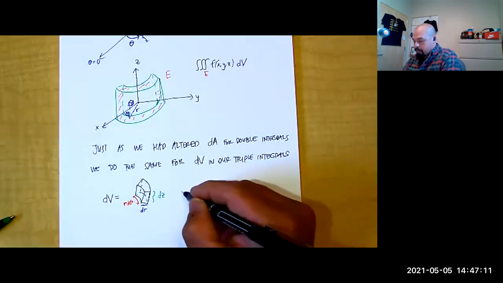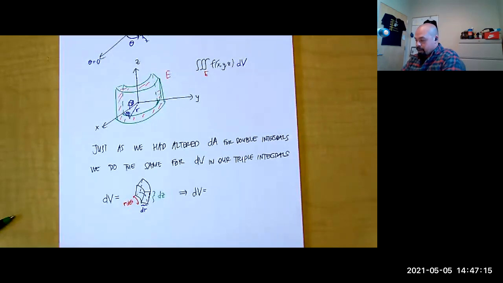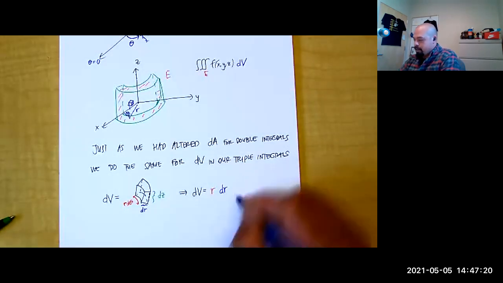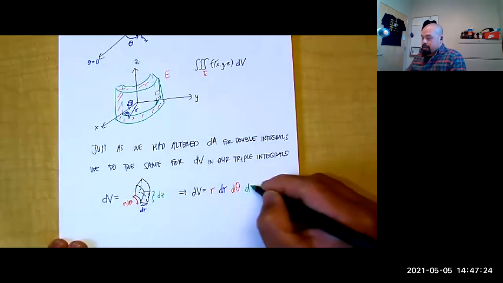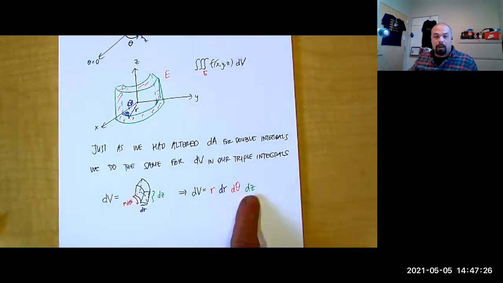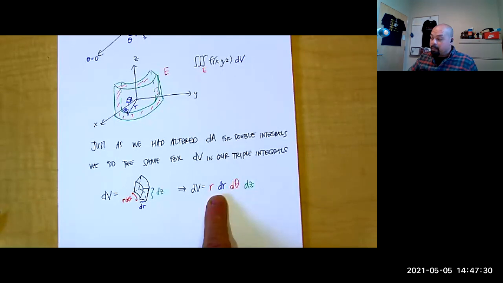But what we start to see is that dV we can write as r dr d theta dz. And we can rearrange these in any order. We can put the d theta first, dr in the middle, dz at the end, dz first.